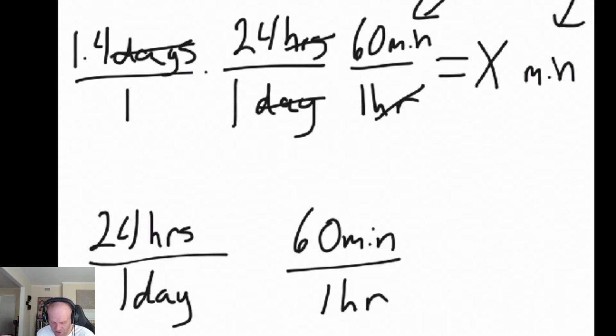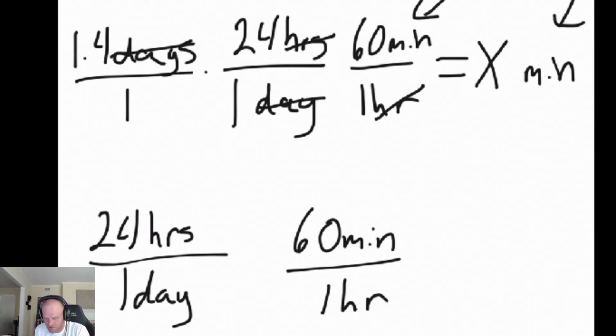If I have extra units somewhere, say if you had an hour down here, then I would need to put an hour on the bottom over there, and then I would know that that's not correct. I did something wrong. All right, so then I can just go through and carry out the problem.